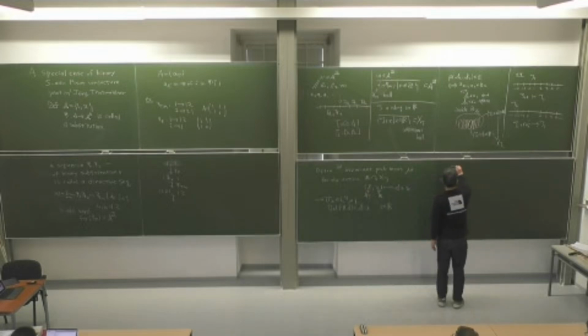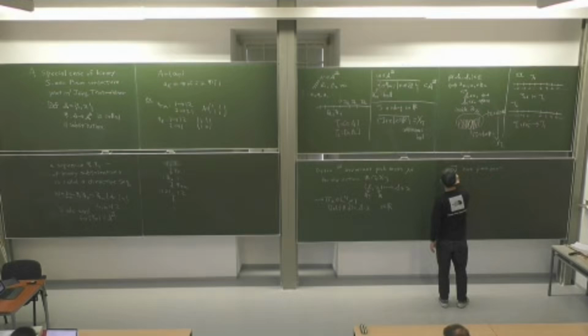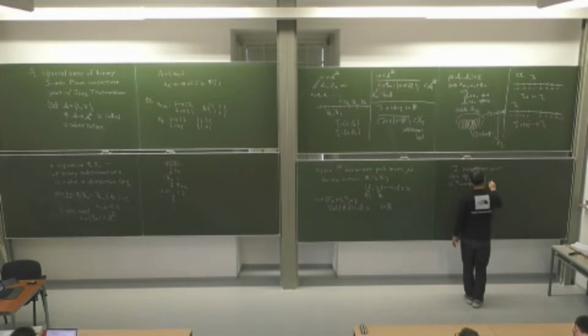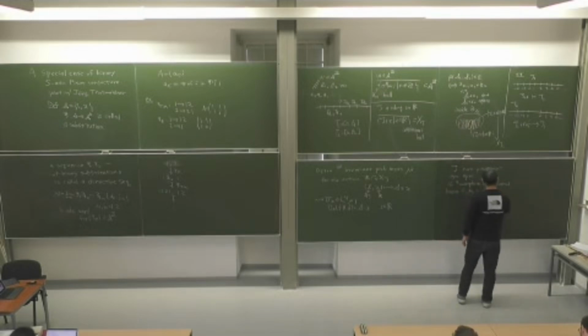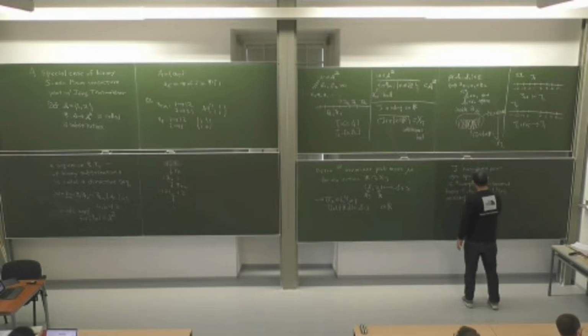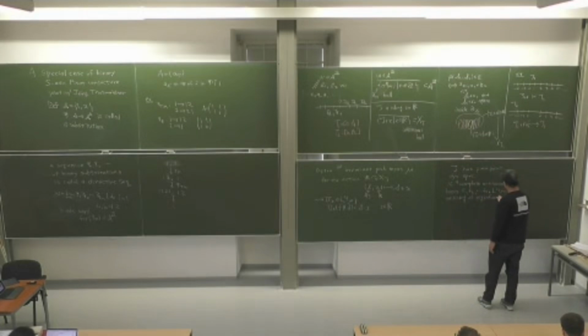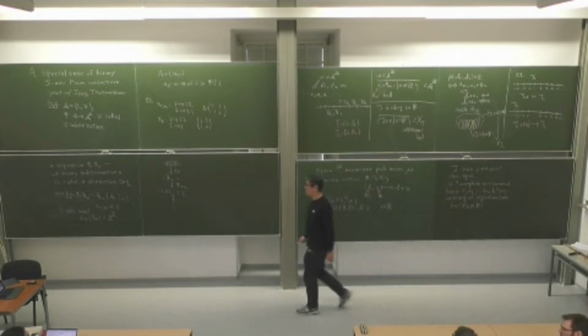So T has pure point dynamical spectrum if... this is just an operator, U_x.